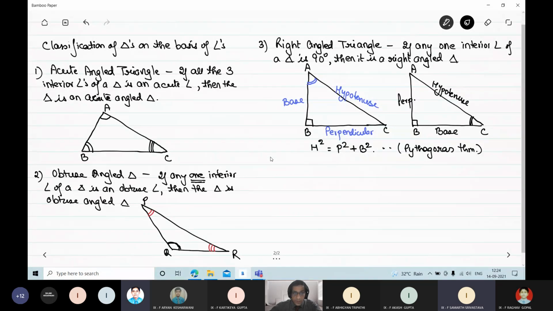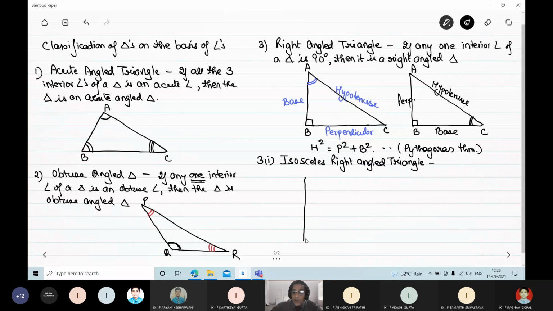Now there is a special type of right angle triangle also, which is called an isosceles right angled triangle. Isosceles triangle is what? Wherein two sides are equal.